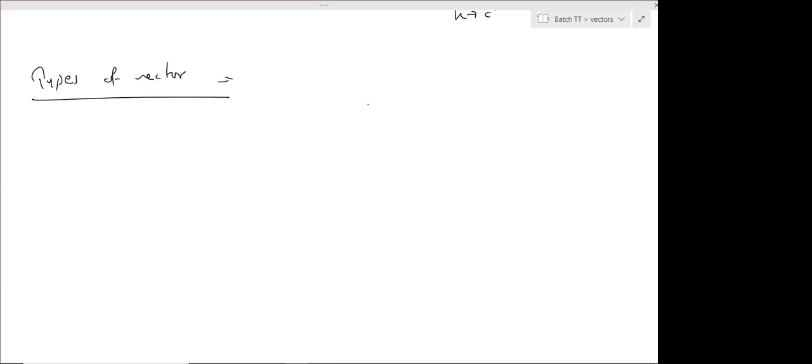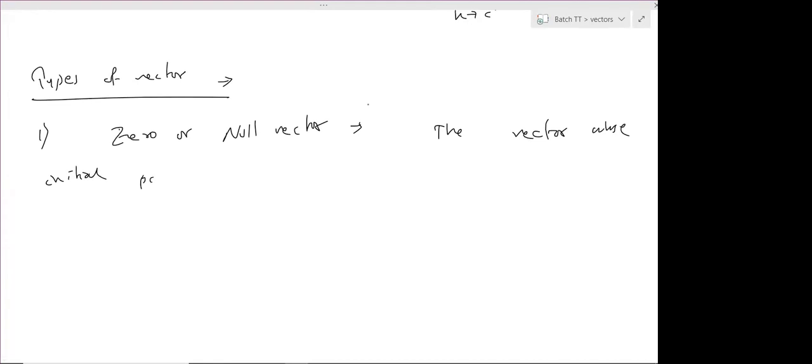All right. In the last class, we started with vectors. There are a few types of vectors you need to know about. First is the zero vector or null vector. The vector whose initial point and terminal point coincide is called a null vector.